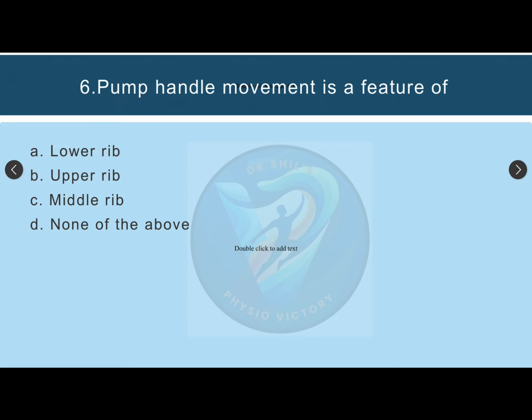Next question. Pump handle movement is a feature of option A, lower rib, option B, upper rib, option C, middle rib, and option D, none of the above. Here, the correct answer is option B, upper rib. Pump handle movement increases the anterior posterior diameter of the chest, seen mainly in the upper ribs from second to sixth rib.